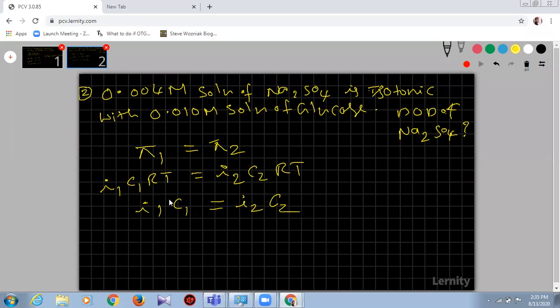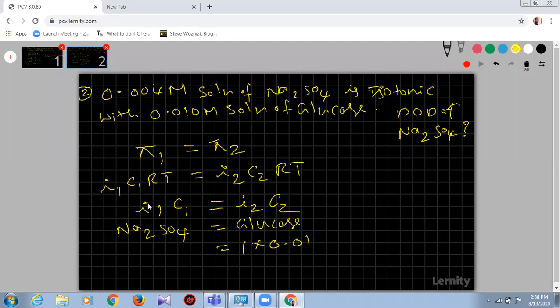Here, this is Na2SO4, and here I have taken glucose. For glucose, i is 1 into the concentration 0.01.